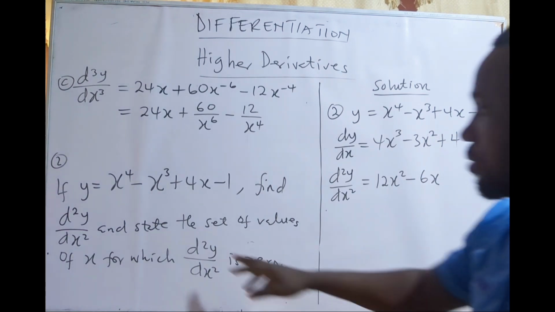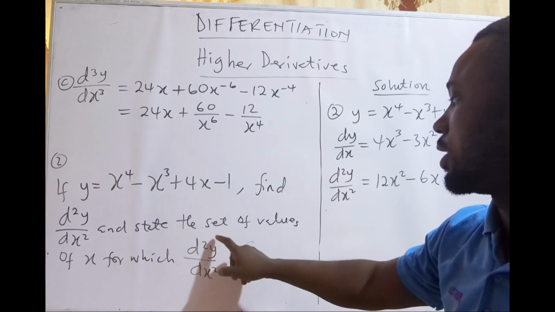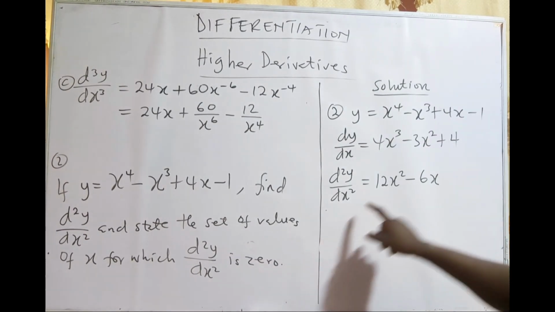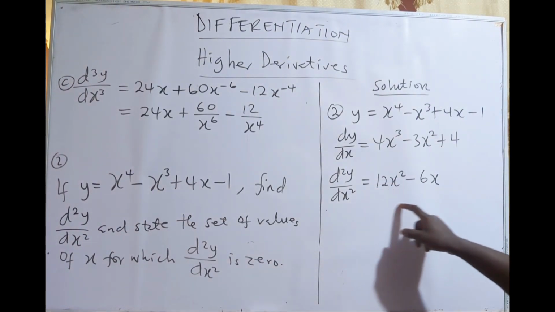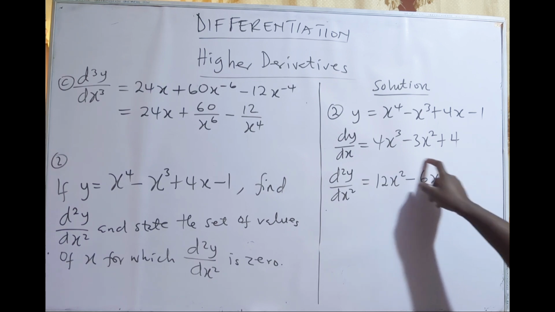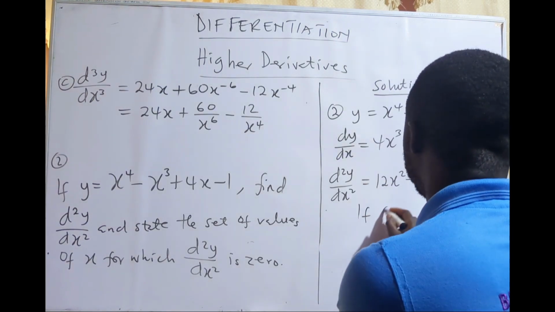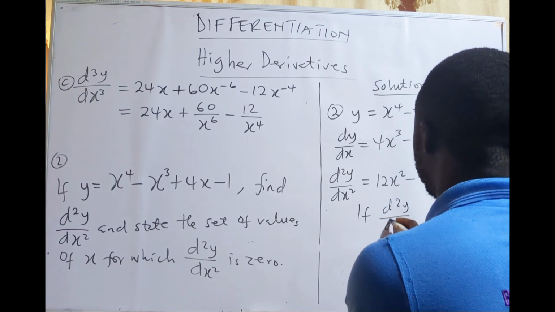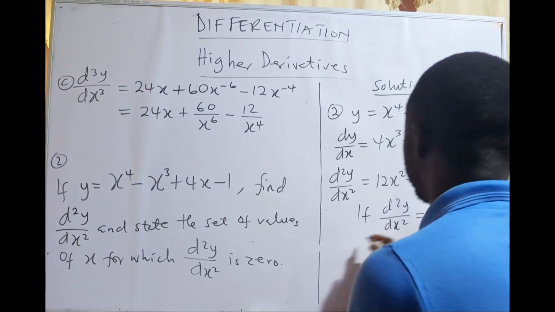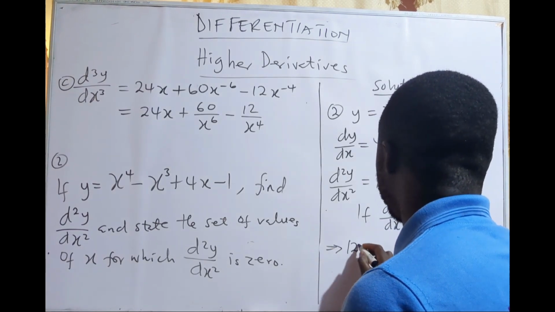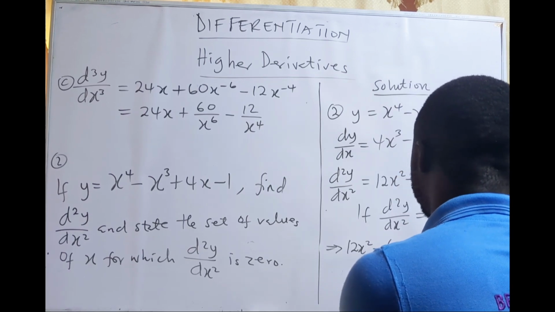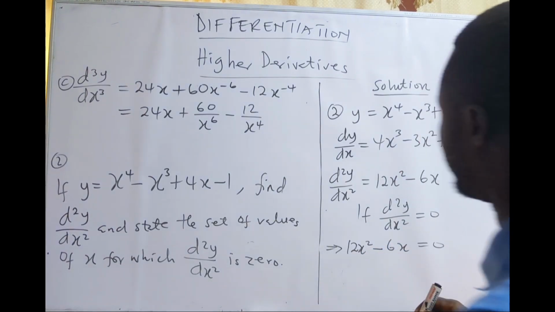The question said that we should state the possible values of x for which d squared y over dx squared is 0. So if d squared y over dx squared is equal to 0, then it implies that 12x squared minus 6x is equal to 0.